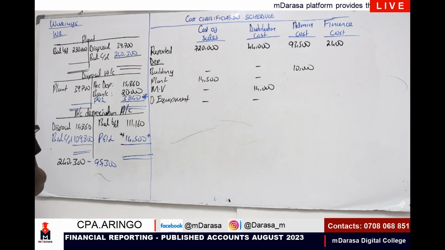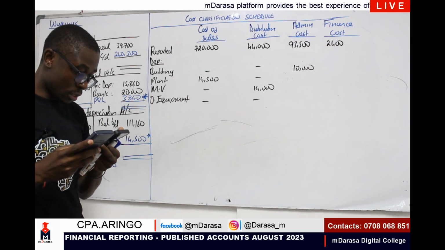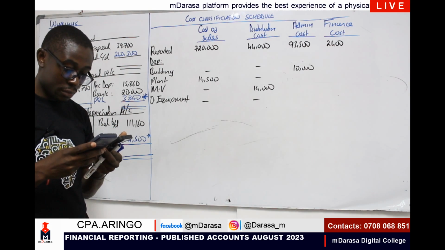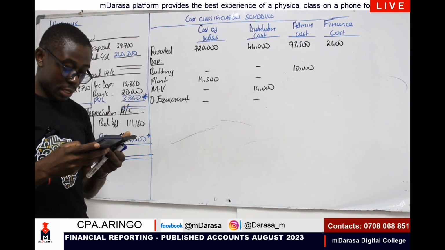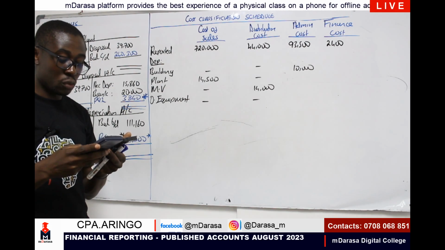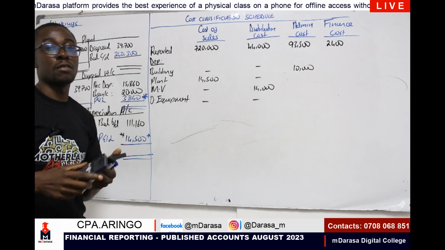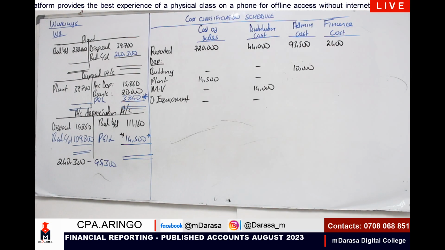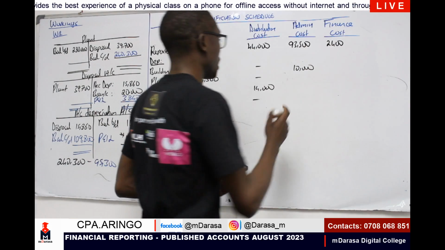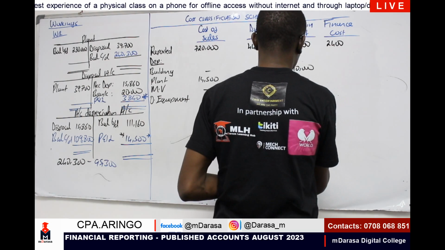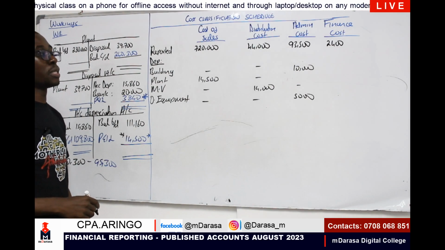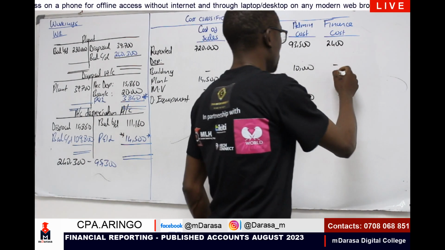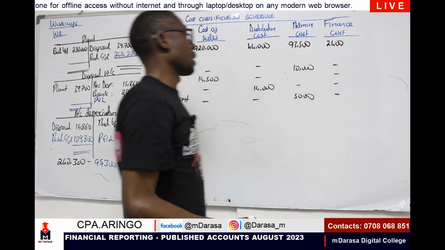Office equipment, we are given 40,000, times 12.5%, so 0.125. That should give us a value of 5,000. So I'll be having my 5,000 here. So we're having the depreciation items, and literally, we are done with that bit.